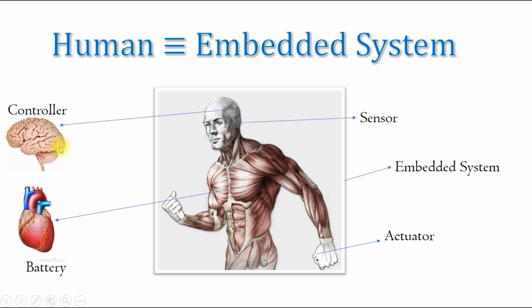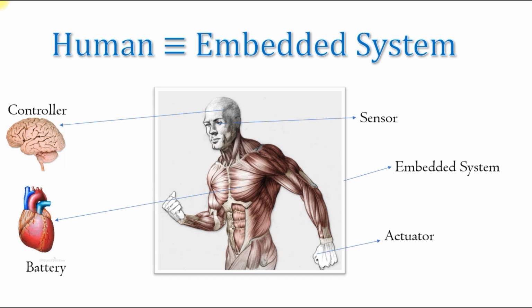While you are walking, if you find any obstacles in front of you, you will take another path, right? That decision is taken by the brain. That decision is actually executed by the actuators like arms and legs.